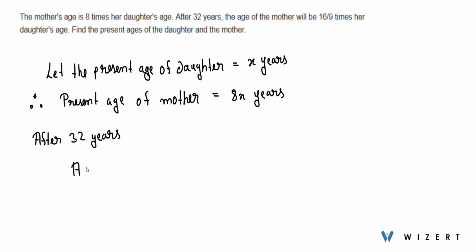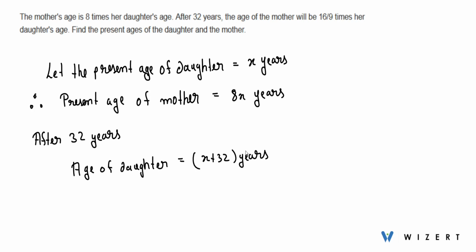age of daughter will be equals x plus 32 years. That is because suppose if my age is 5 years today, then after 5 years my age will be 5 plus 5 years, so it will become 10 years.